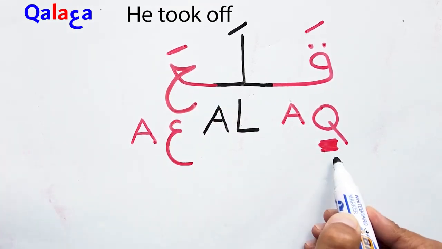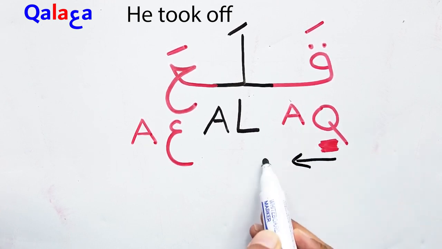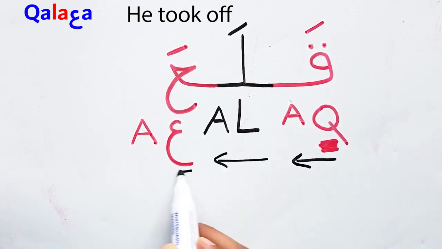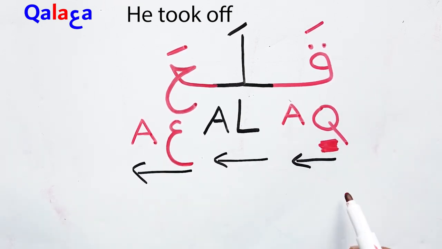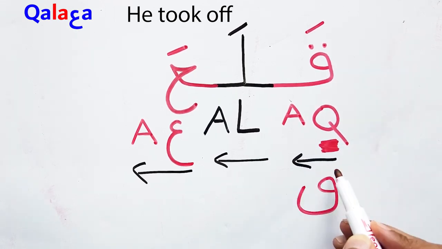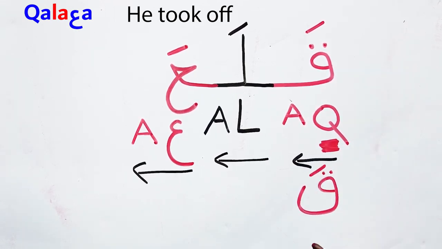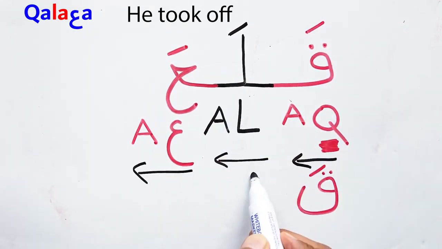Again, we write and read from the right to the left. Qa la a. Let's check the shapes of the letters when they are separated, when they are out of the word. Qa at the beginning of the word is like this. La in the middle of the word, let's show its shape when it is out of the word.